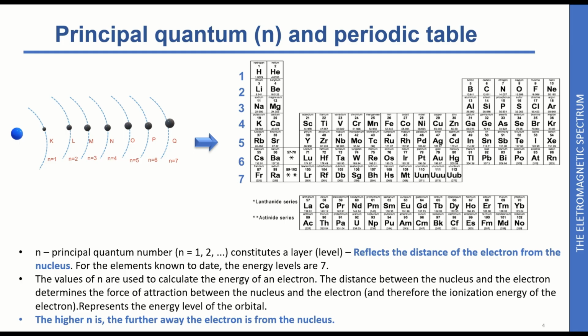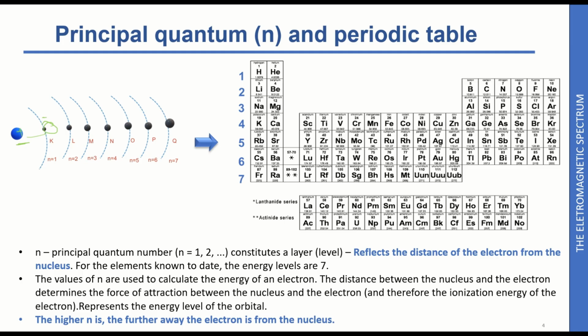And also, let me grab a pen over here, which makes my life easier to talk to you. The n between levels reflects the distance of the electrons from the nucleus. Look here in this diagram, I'm using the Bohr diagram. The first level is very close to the nucleus, so the attraction between the positive charge of the protons and the negative charge of the electrons is really strong.